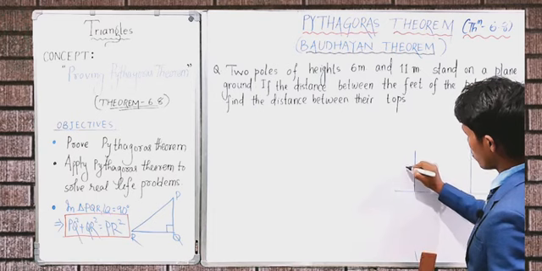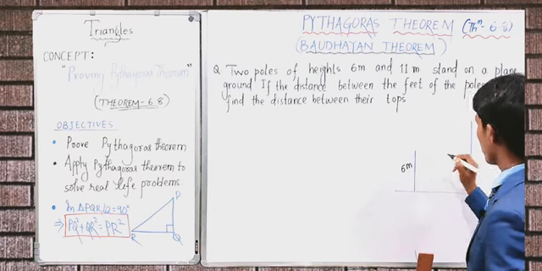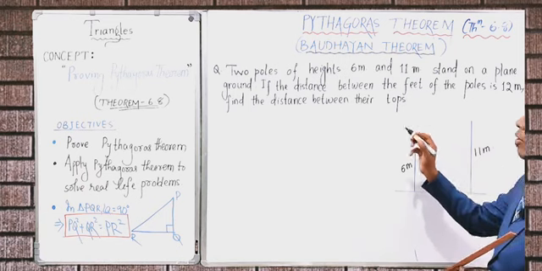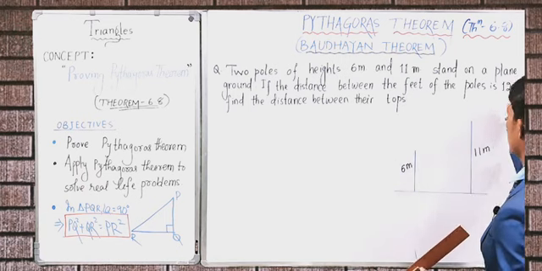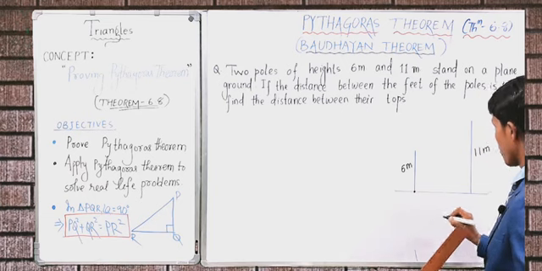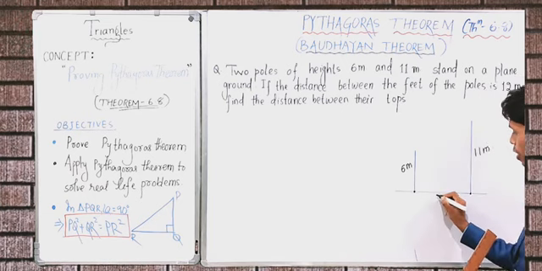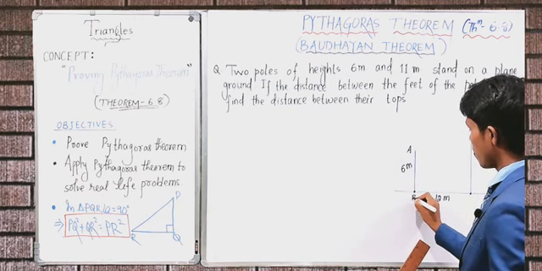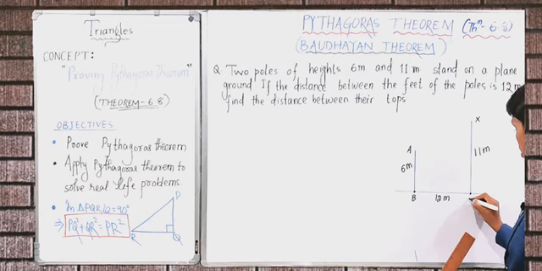This is a pole of 6 meter, this is the pole of 11 meter. Stand on a plain ground, if the distance between their feet is 12 meter. So this is the feet of the first pole, this is the feet of the second pole, and the distance is 12 meter. Let's name these poles. So this be A, B, this be X, Y.